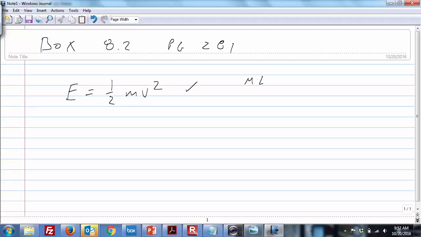So mass times length squared over time squared. That's energy. So the more massive the car is, the more energy it has. The faster it's going, the more energy it has, and it's a function of v squared. So there you go.